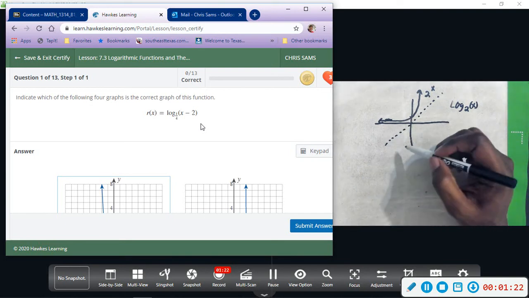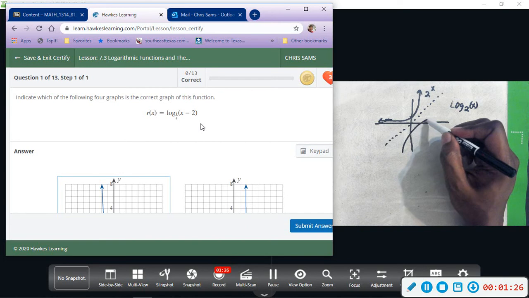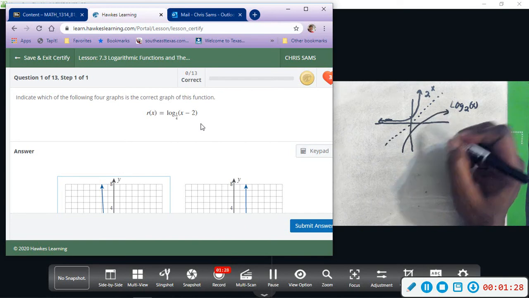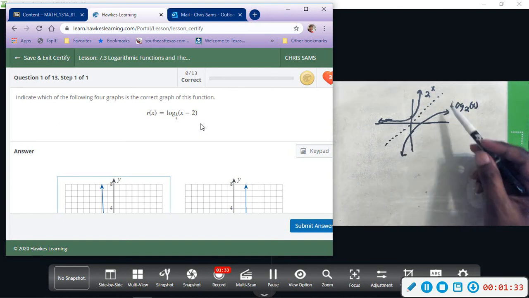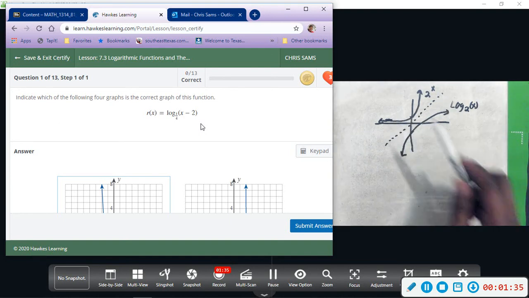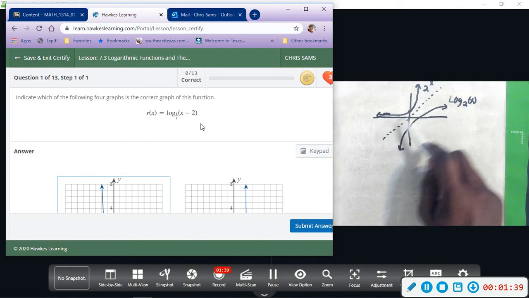So it would start up this way and go down here, and we'll go through (1, 0). So it's just a mirror image. Once you understand that, you understand that with whole number bases, it'll have that general shape.